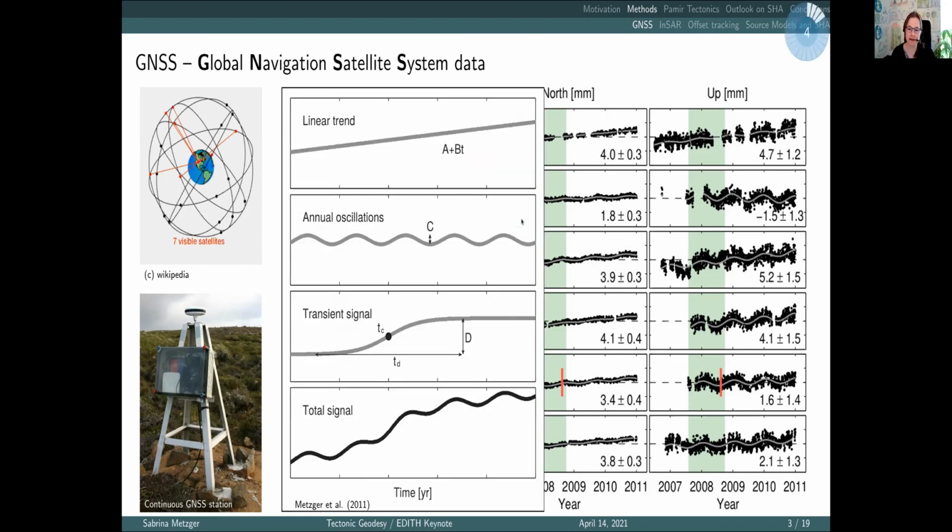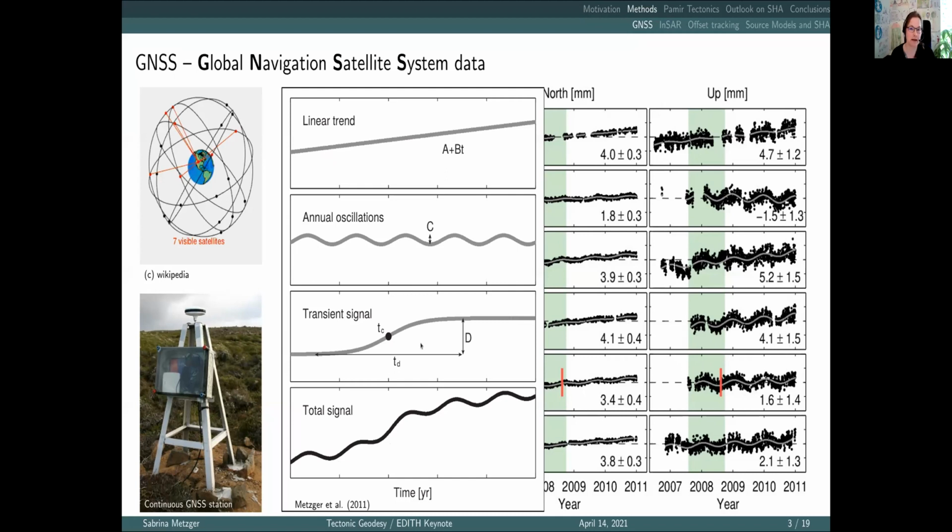Now the trick that we have to apply to these time series is to extract the type of motion which is caused by the process we are interested in, because usually you have many processes overlaying in such a time series, and that's shown by this sketch here, that we have a certain shape in our total signal. And now the question is, do we want to get an idea about a certain transient signal?